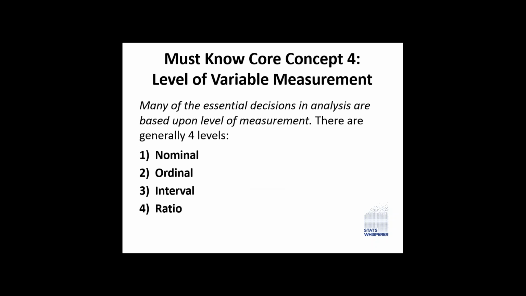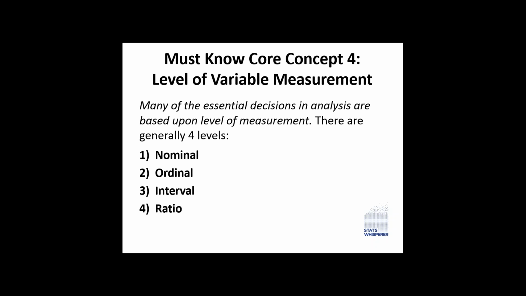Now, a lot of the big decisions in quantitative analysis are based upon the level of variable measurement, which is must-know core concept 4. So generally, people recognize 4 levels of variable measurement. Okay, so you can see I've slowed down. So that means, listen up, listen tight.